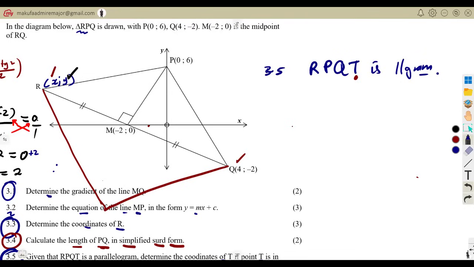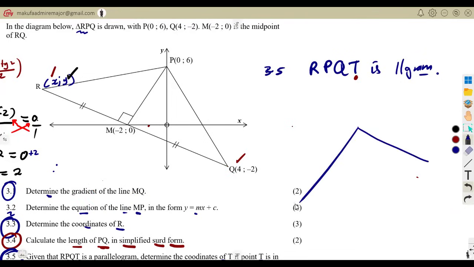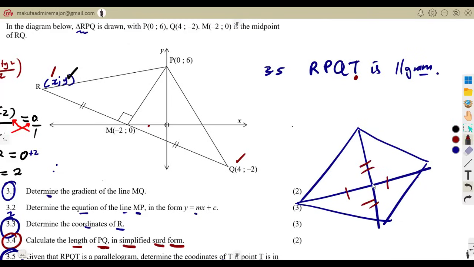The concept is that if it is a parallelogram, remember that the diagonals bisect each other. So the concept is on the diagonals. We have this diagonal from P passing through M to the other point, and this one from R to Q, which is another diagonal. They bisect each other.